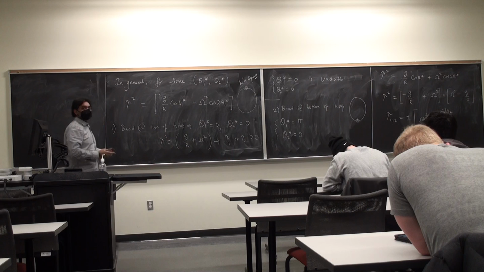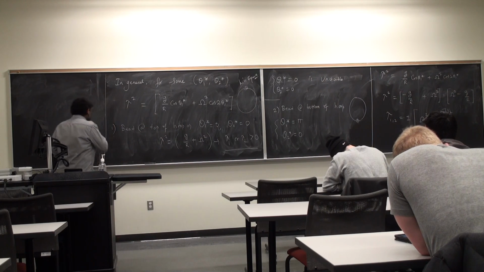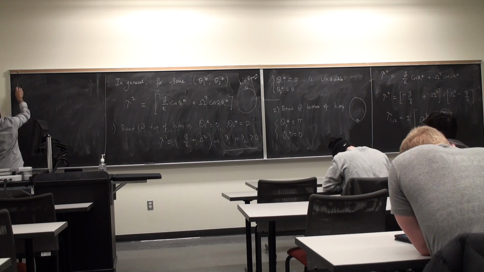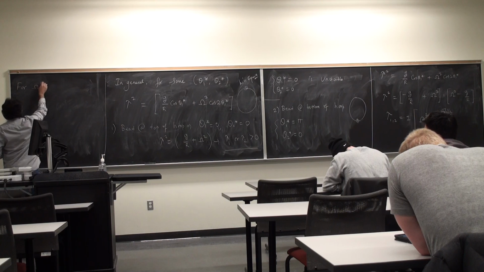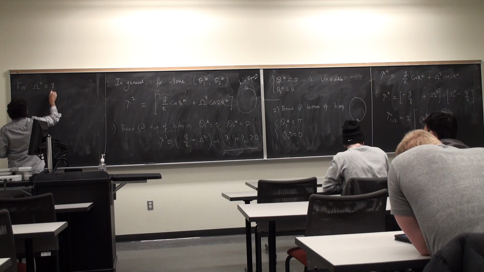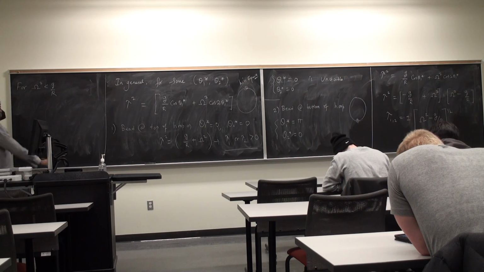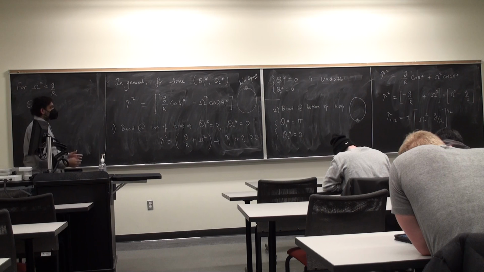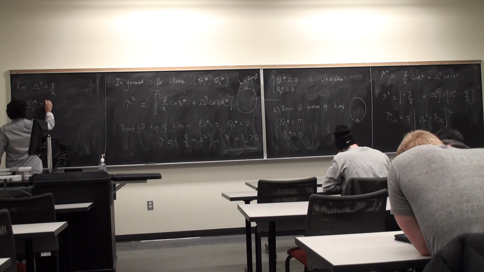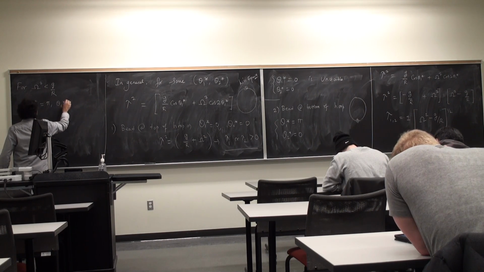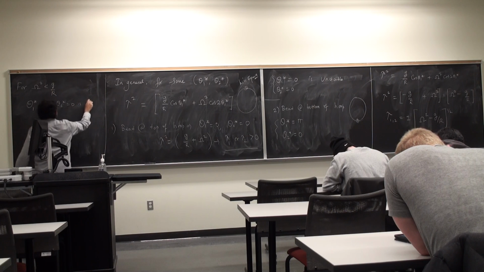This is a more complicated equilibrium position, as you can see. So for omega square less than g by r, this family of equilibrium points, theta 1 star, which is at pi, theta 2 star, which is 0, is stable.